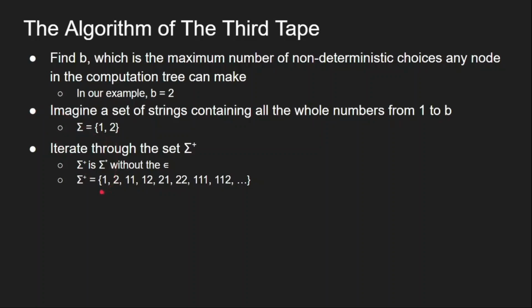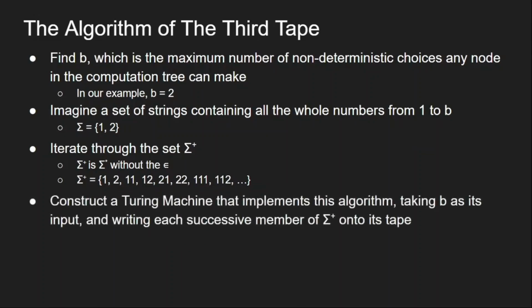So it's going to take string 1 and string 2 and put them together in every possible order. Now our algorithm is going to run through the members of sigma plus in order of the number of digits and numerically. So it's going to go through the members with 1 digit and then the members with 2 digits, and within those groups it's going to run through them numerically. So it's going to run through them in the order shown on screen.